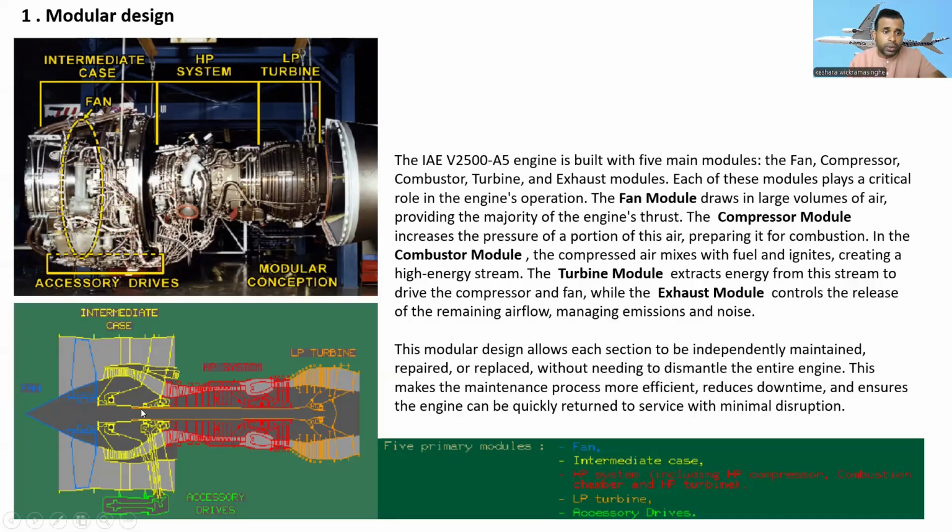Then the compressor module increases the pressure of a portion of the air, step by step, preparing it for combustion. In the combustor module, the compressed air is mixed with fuel and ignites, creating a high energy stream.